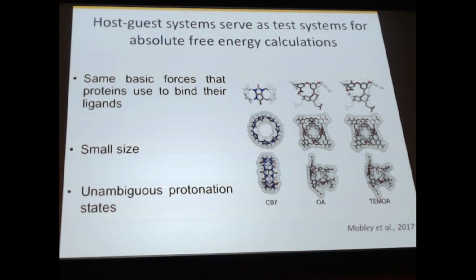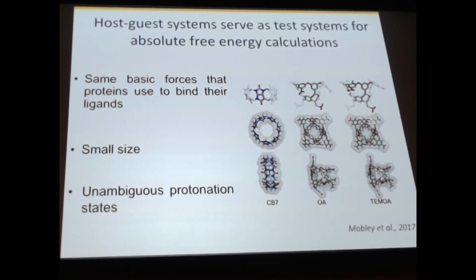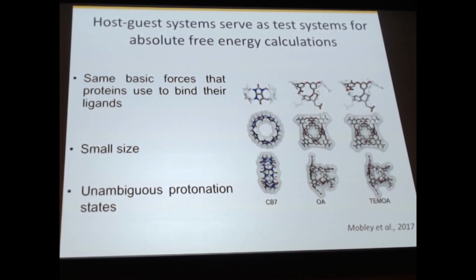Why did we choose host-guest systems for our restraints test? Because hosts bind their guests with the same basic forces that proteins use to bind their ligands. Also, their small size and sometimes their rigidity make it feasible to sample all relevant conformations.